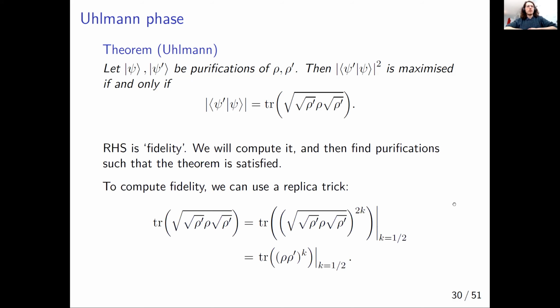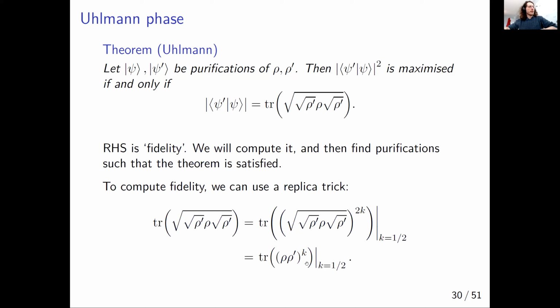So to compute the fidelity, we can use a replica trick. We can take this thing inside of the trace, raise it to the 2kth power, and then use the cyclic property of the trace to write this in this way on the bottom line.